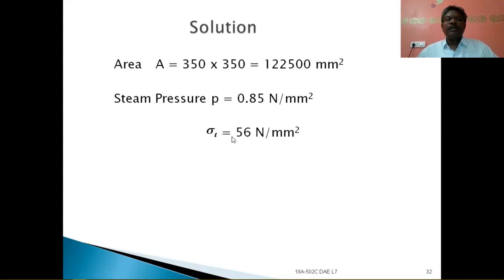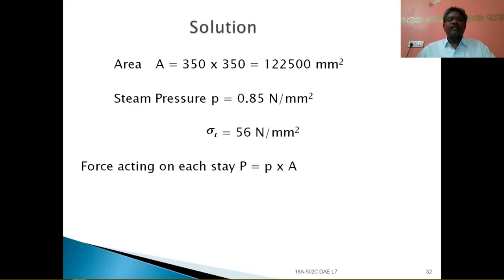So sigma T is also given, 56 newtons per millimeter square. 1 megapascal is equal to 1 Newton per mm square, so we can directly write it in Newton per millimeter square.